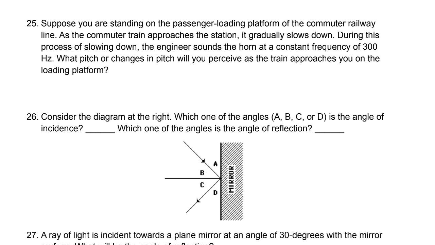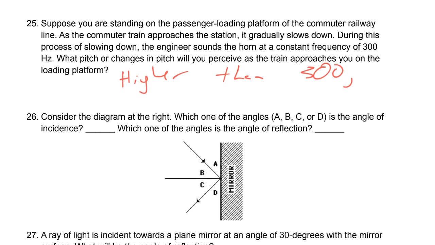All right, number 25. So you're standing on a rail station. A train is approaching and it's gradually slowing down. So the horn makes a frequency of 300, but we got the Doppler effect happening here. So because it's moving towards you, we will hear a pitch higher than 300.